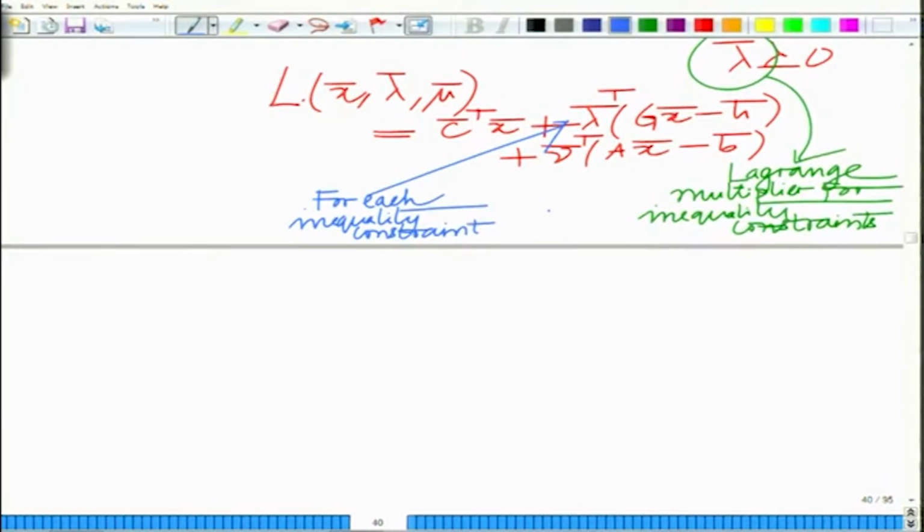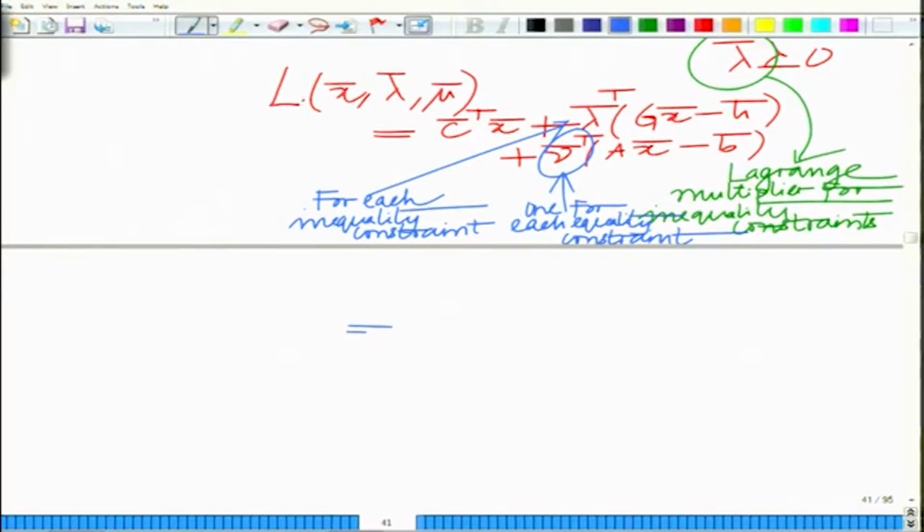That is, if G is m cross n, then you have m inequality constraints, so you have m Lagrange multipliers. And nu bar is basically one Lagrange multiplier for each equality constraint. That is, if A is m tilde cross n, then nu bar is m tilde dimensional.